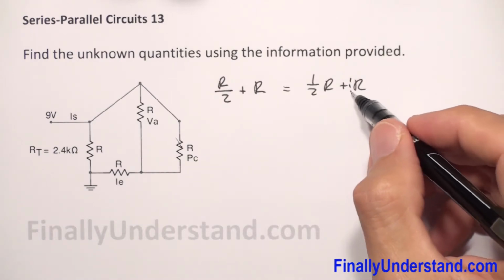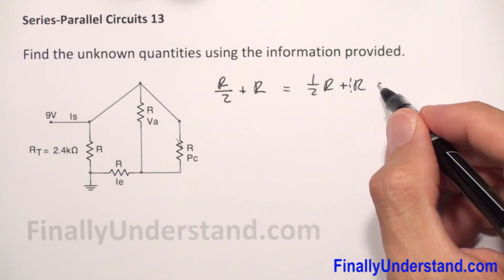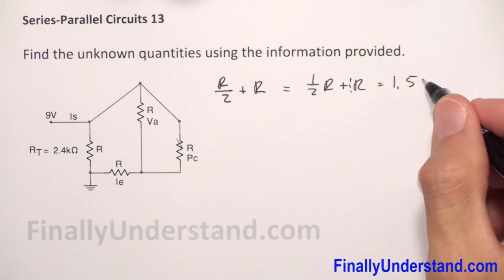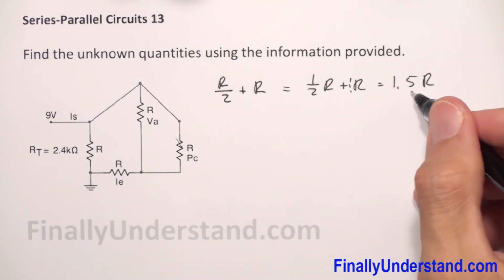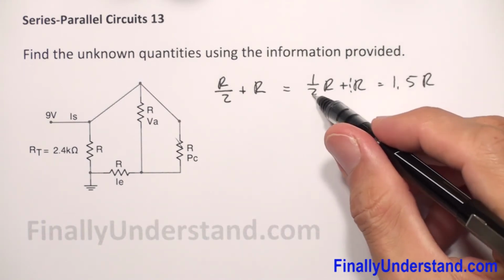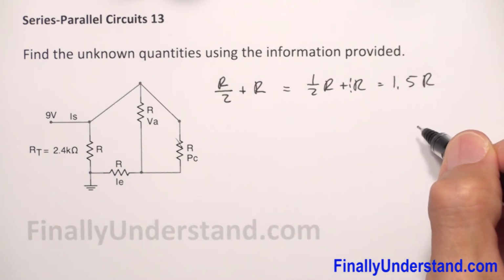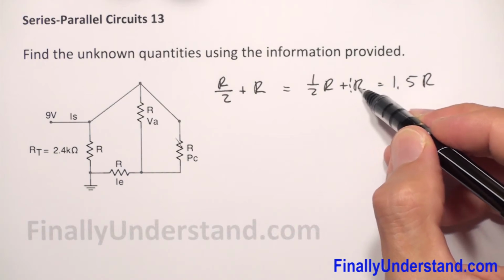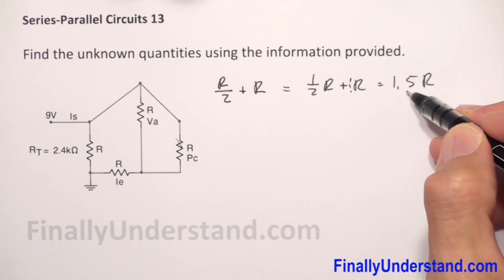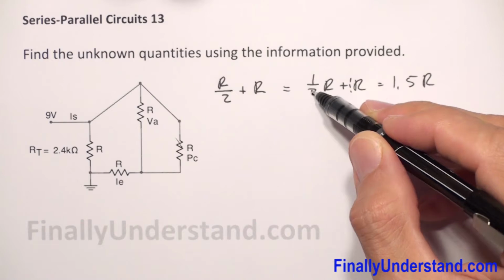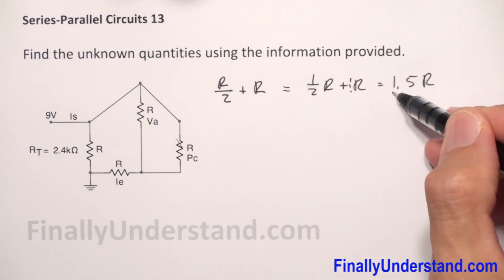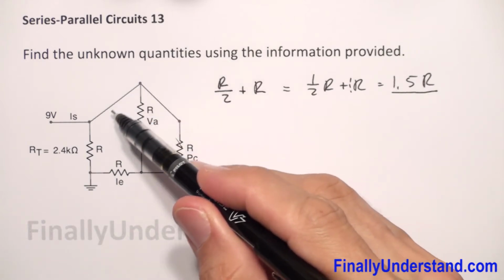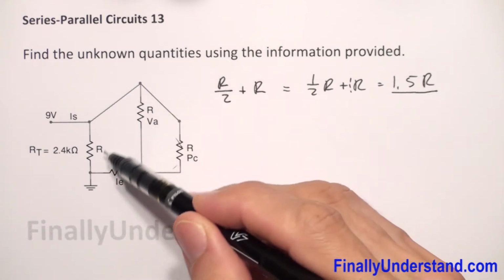So it's like 1 plus half is equal how much? 1.5 R, right? 1/2 plus 1 is equal 1.5. Remember, anytime there is no coefficient next to the variable, there is always invisible 1. So 1 plus 1/2 gives me 1.5 R. So this is the resistance for this part of the circuit.